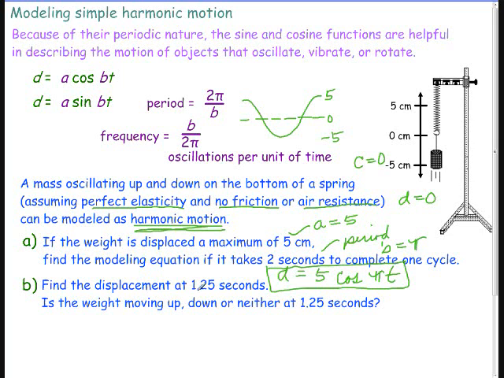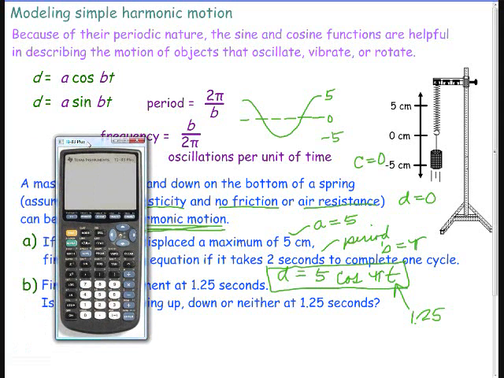Find the displacement at 1.25 seconds. I would just put 1.25 in here and see what I get for an answer. Is the weight moving up, down, or neither at 1.25 seconds? Well, this is where looking at the graph really helps a lot. So let's turn this on.